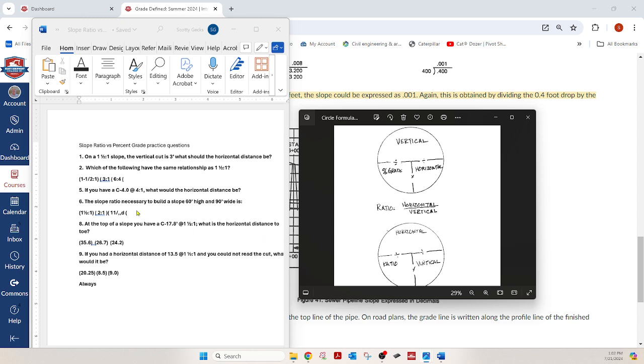We have a ratio of 4 to 1, so it would go here. Your cut is 4, and the ratio is 4. This is telling me to multiply the ratio times the vertical, so the ratio is 4 times the vertical of 4, so your horizontal is 16.